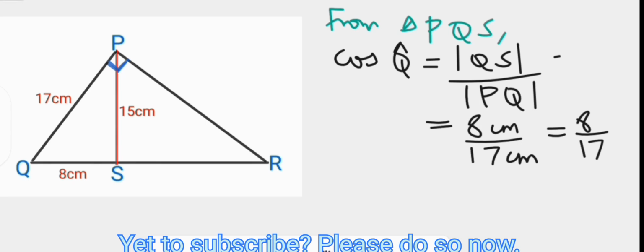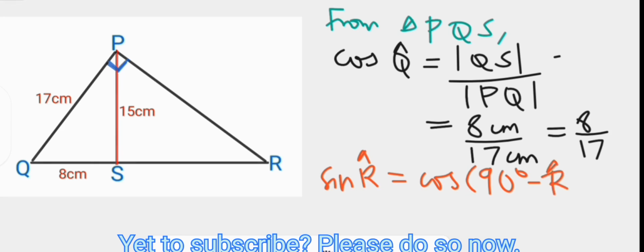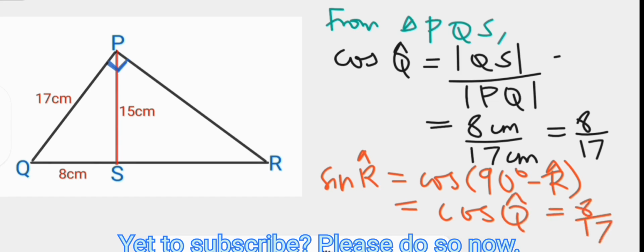Now, generally, the sine of an angle and the cosine of its complementary angle are always equal. That is, in this case, the sine of angle R is the same thing as the cosine of its complementary, which is 90 degrees minus R. And 90 degrees minus R is the same thing as the cosine of the angle Q, which we already have as 8 over 17.